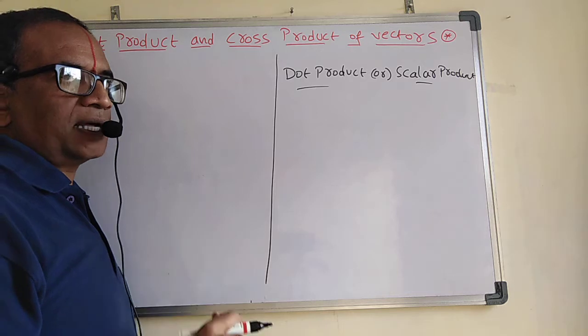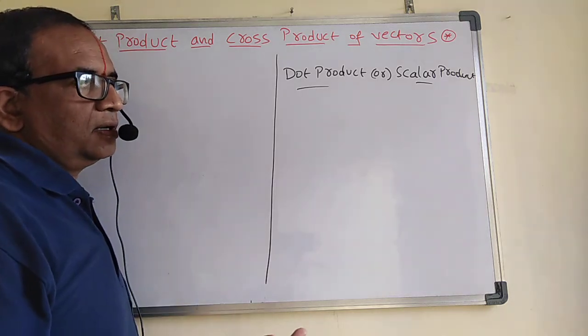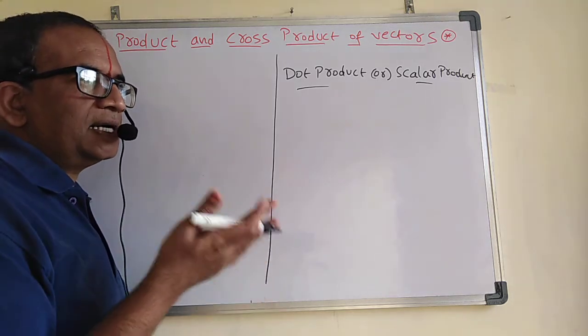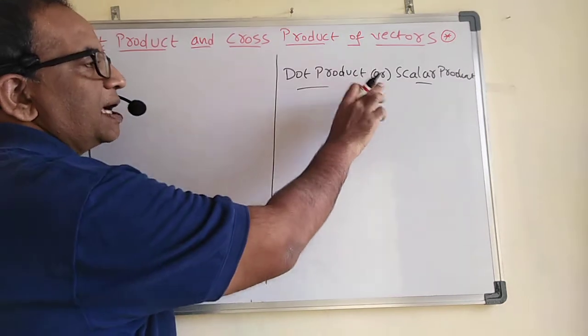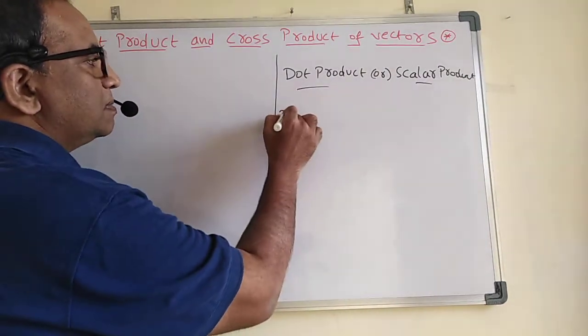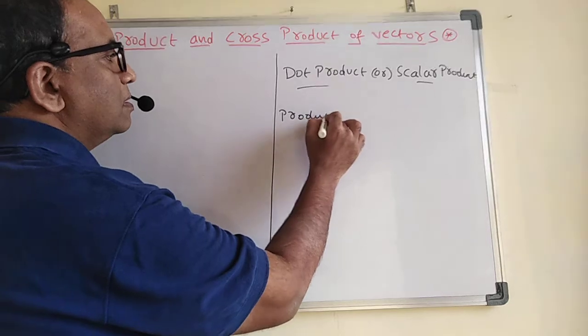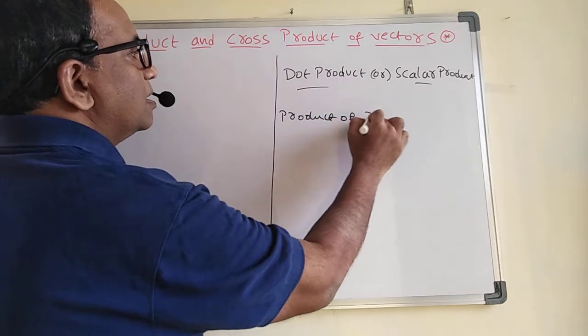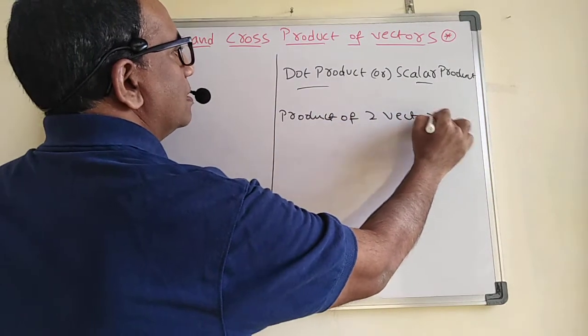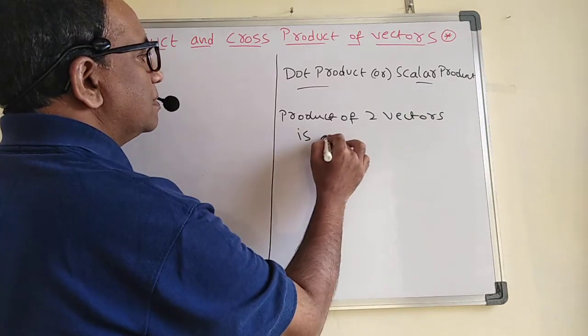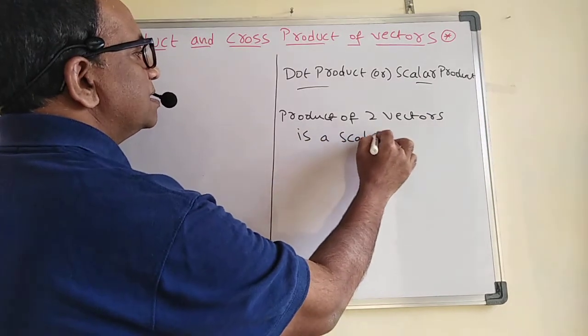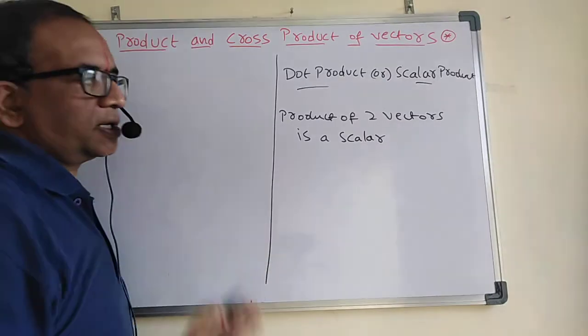When two vectors are multiplied and the resultant is a scalar, that is called the scalar product. The product of two vectors is a scalar, and that is called the dot product.